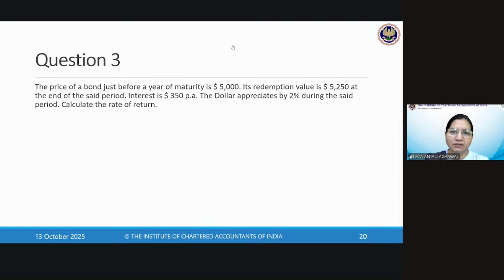Interest is $350 per annum. The dollar appreciates by 2% during the said period. Calculate the rate of return. First calculate the nominal rate of return. Will the actual rate of return be higher or lower?